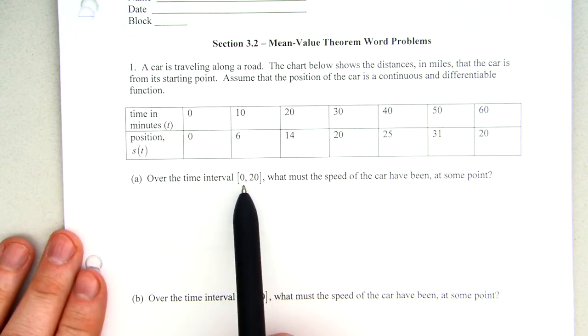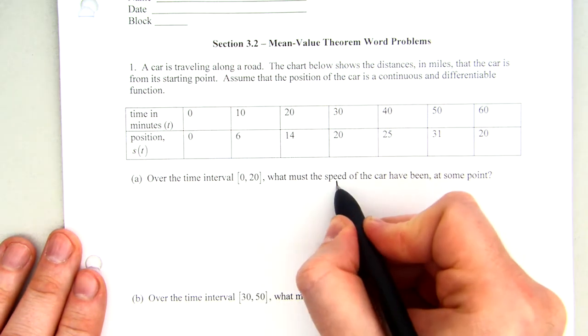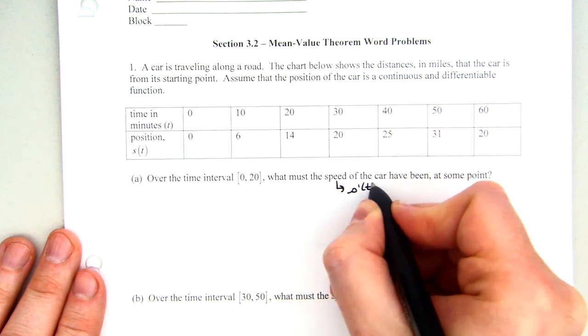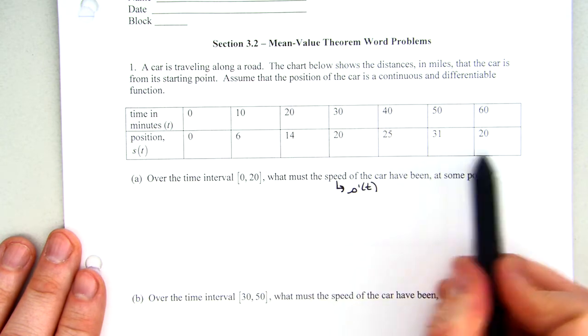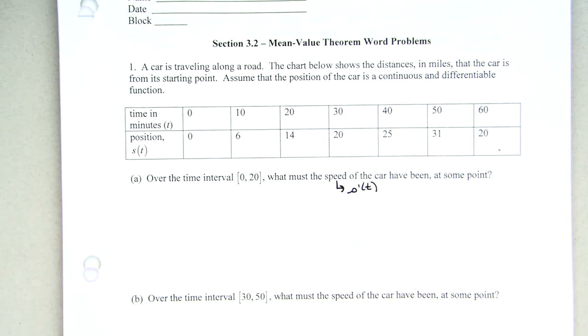Over the time interval between 0 and 20, what must the speed of the car have been at some point? Well, I know the speed, or the velocity, is the derivative of position. I have information about my position. I want to guarantee a particular derivative happens. So I want to use the mean value theorem.